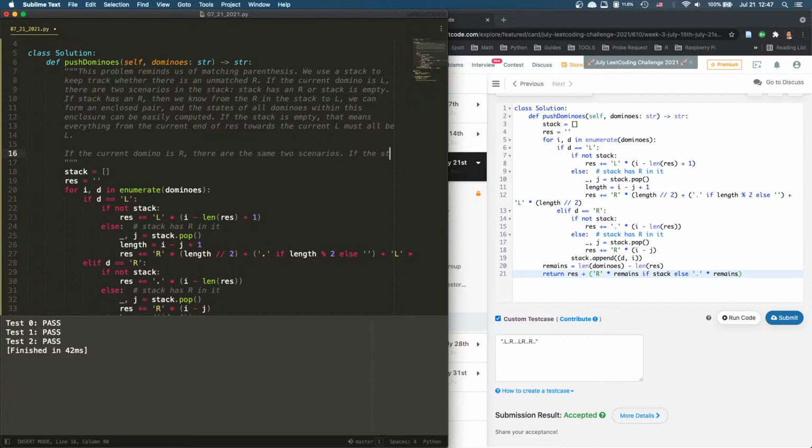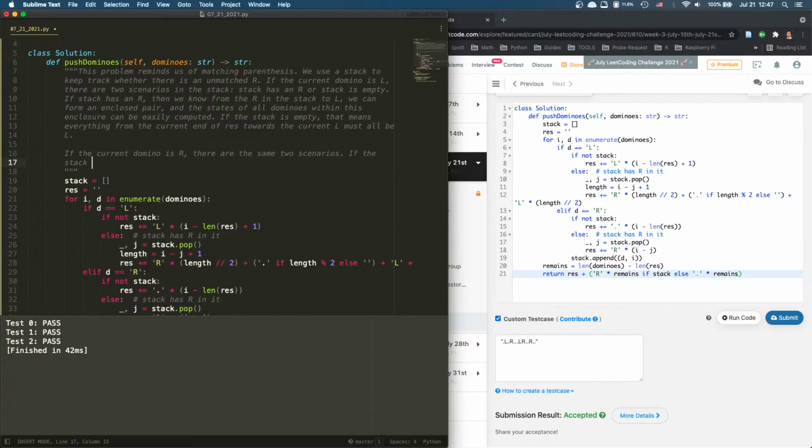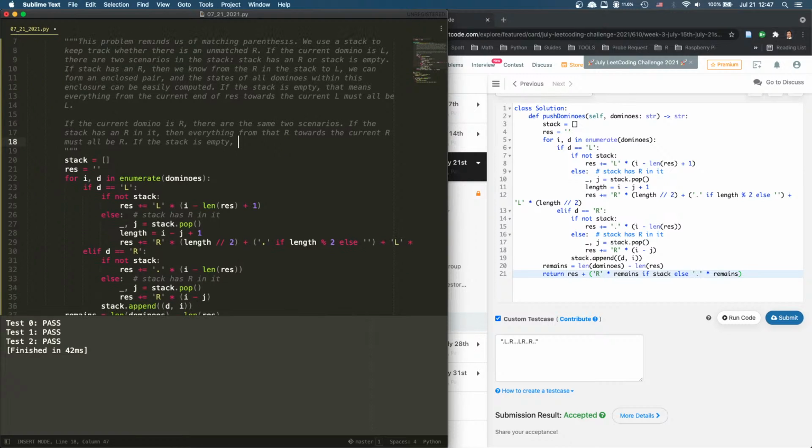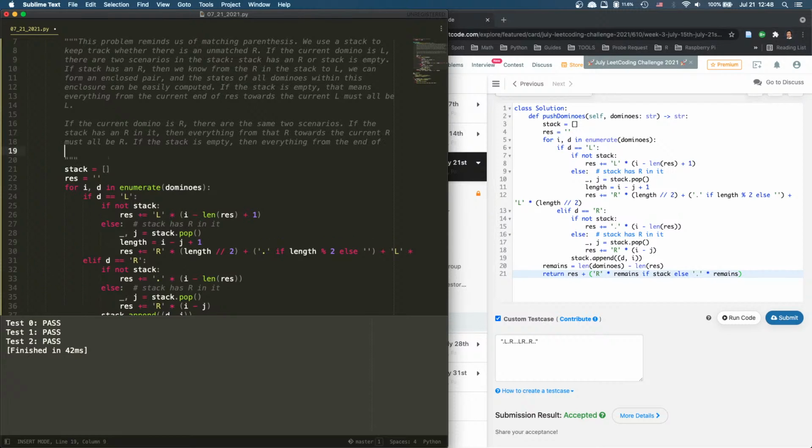If the stack has an R in it, then everything from that R towards the current R must all be R. If the stack is empty, then everything from the end of the rest towards the current R must all be dot.